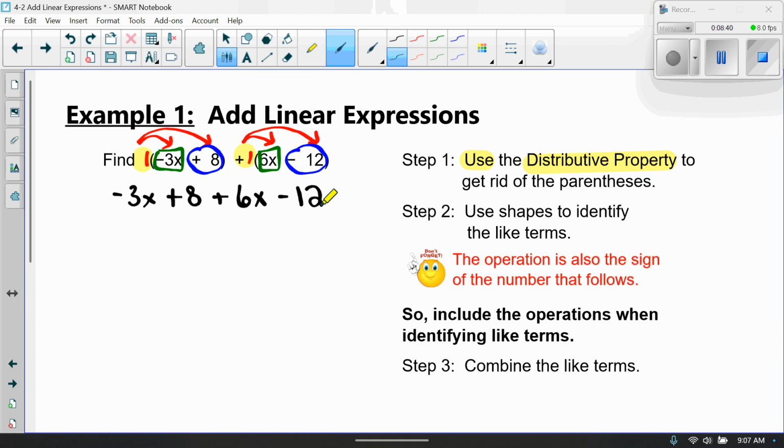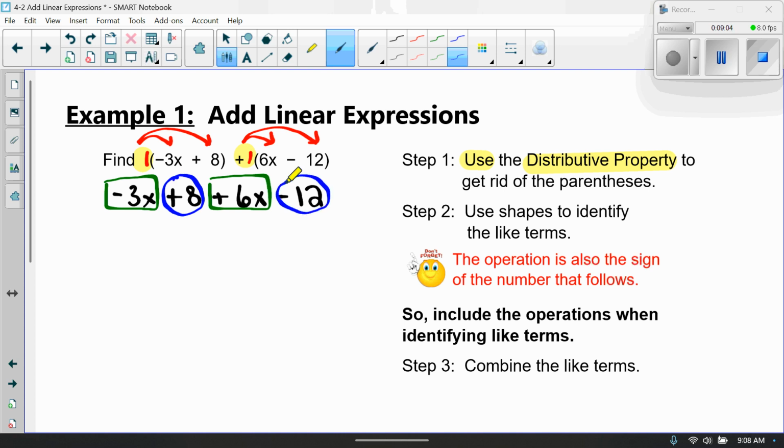Okay. Now we want to use our shapes to identify our like terms. So our like terms, we've got some x terms here. We've got a negative 3x and a positive 6x. And we have a positive 8 and a negative 12.